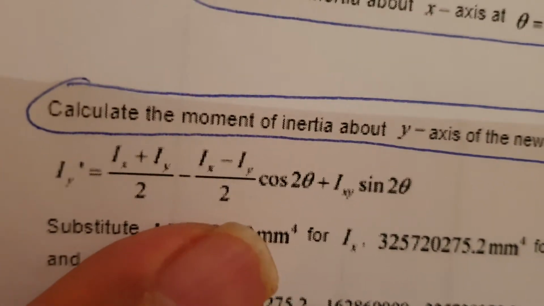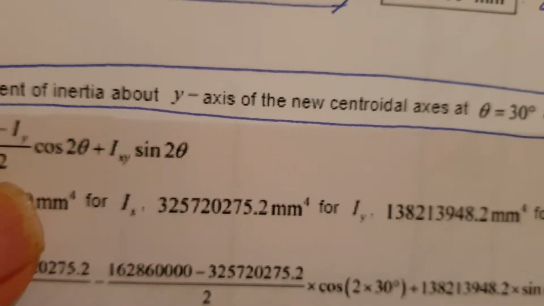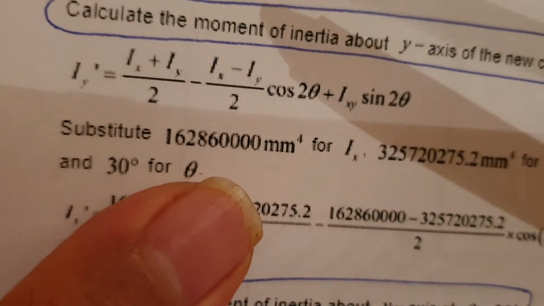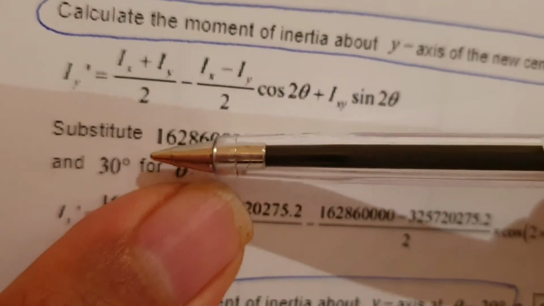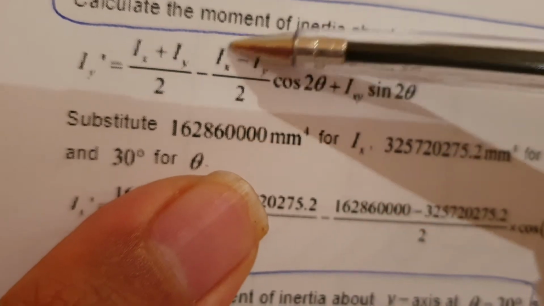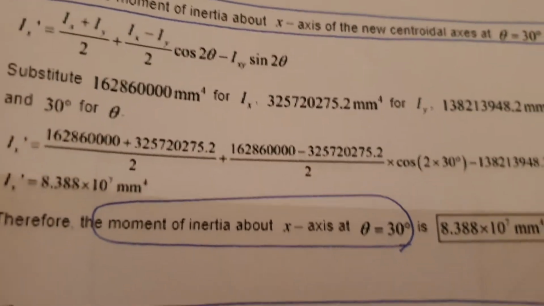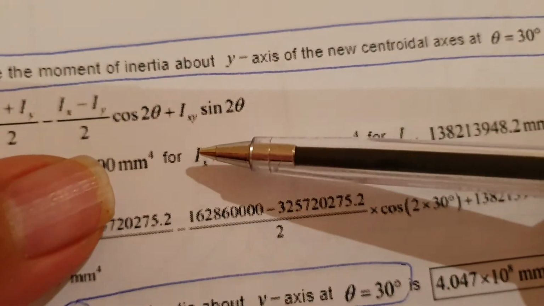That's it. Now let's find the moment of inertia about the y-axis of the new centroidal area at theta equal to 30. Now we have another equation: (Ix plus Iy) over 2 minus (Ix minus Iy) over 2 cosine 2 theta, plus Ixy sine 2 theta. Look at the difference: here it is minus cosine 2 theta, and the Ixy term is plus Ixy sine 2 theta instead of minus.